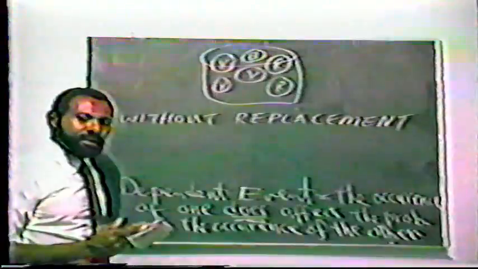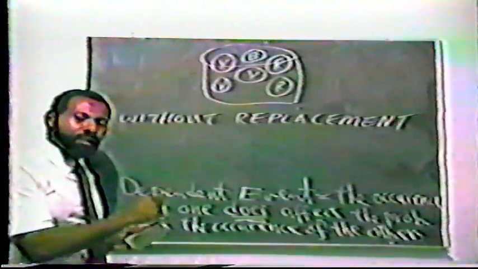We can select samples by replacing the ones, the numbers, or the persons that we take out. We can select samples by not replacing those ones that we take out. Now, let's take a look at the same situation we had before.